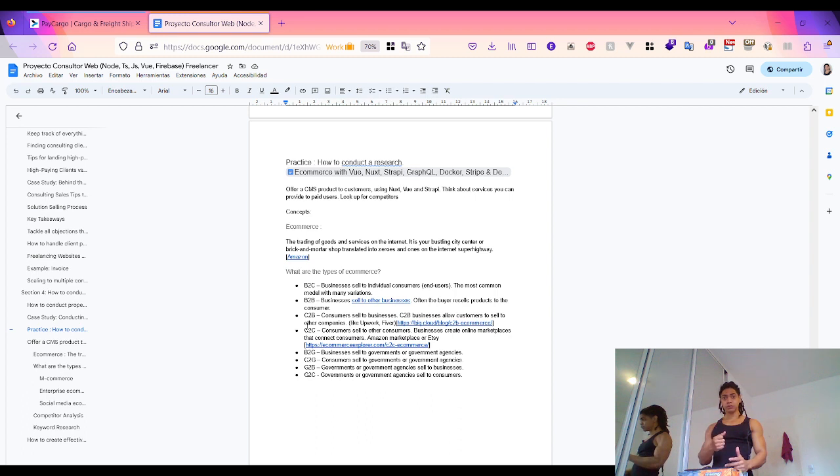Supply portals, where very large companies need to set up an online portal to streamline their supply chain and procurement process, which involves the purchase and sale of large amounts of goods and services, usually to get a good bid.